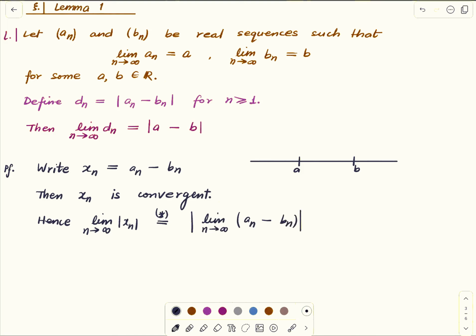And now maybe I'll write one more step. Just use the definition and the algebra of convergence. So the limit of x_n is the limit of a_n minus the limit of b_n. The limit of a_n is A, the limit of b_n is B. Okay, very simple.